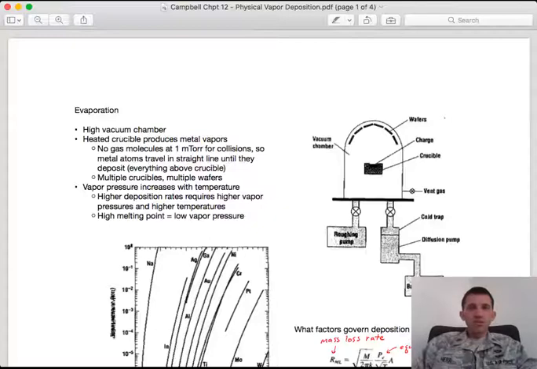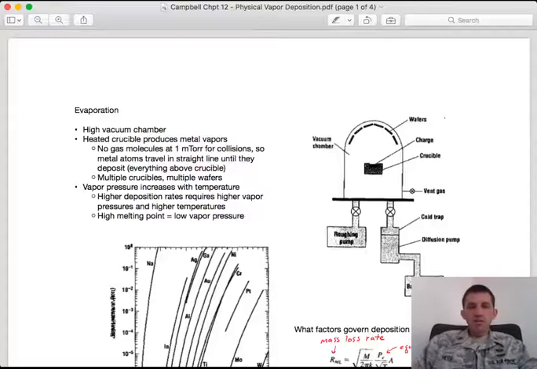Now, you don't normally think about metals being in the vapor because we're used to thinking about them at room temperature, and the vapor pressure at room temperature for a lot of these metals is fairly low. Room temperature is not even really on this chart for many of these metals, with the exception, I guess, of sodium, but that's fairly soft.